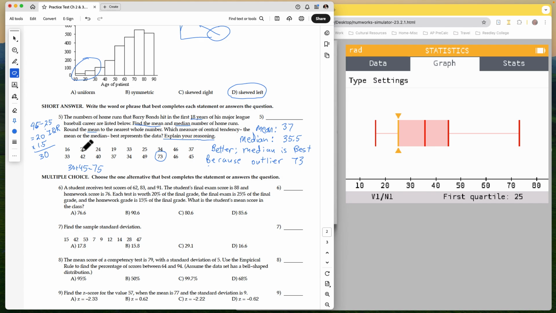So I would accept as a correct answer an alternate. If you said the better one is the mean because there are no outliers.